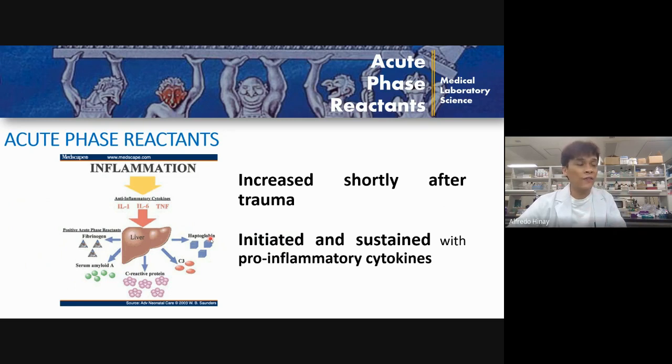It means that if the inflammation stops, the production of interleukin-1, interleukin-6, and TNF-alpha will also stop. Then your liver will stop producing APRs. That is the reason why, class, it is a biomarker of inflammation. Because if the inflammation has stopped, your liver will also stop releasing, secreting, or making acute phase reactants.